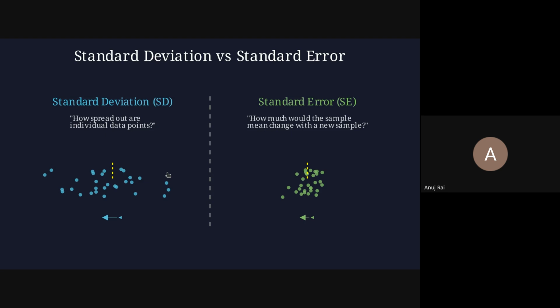And now if you take one more sample, and it is around, let's say, 22, the error keeps on decreasing, right? Earlier on it was $5, now the average is around 22.